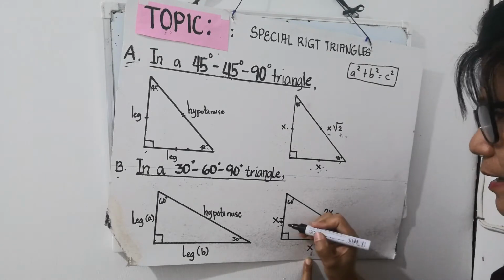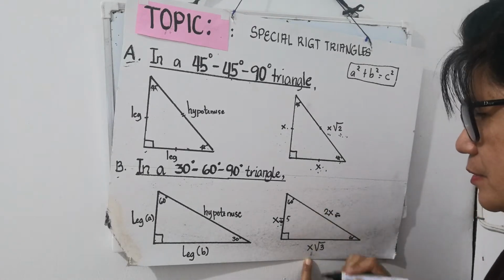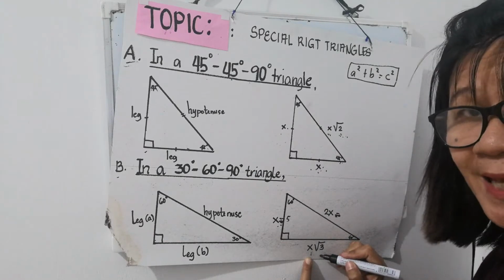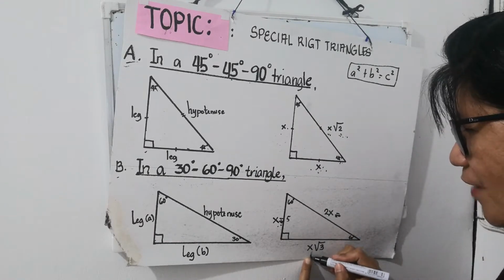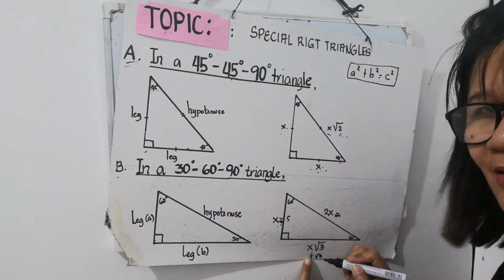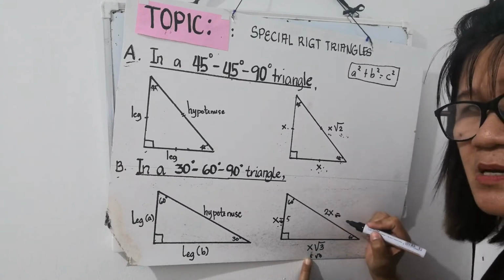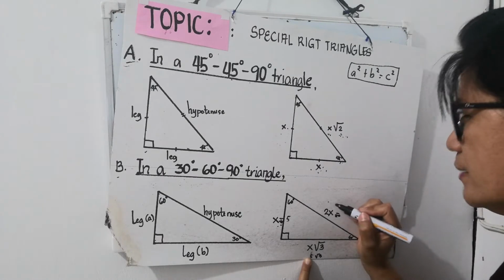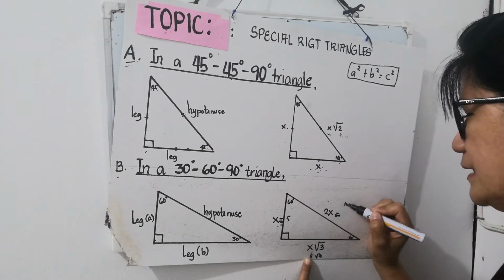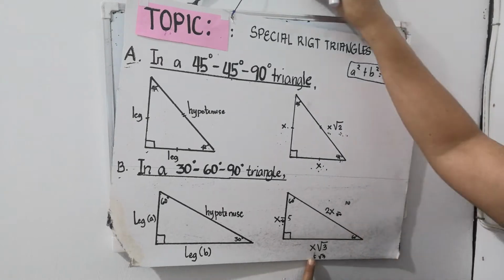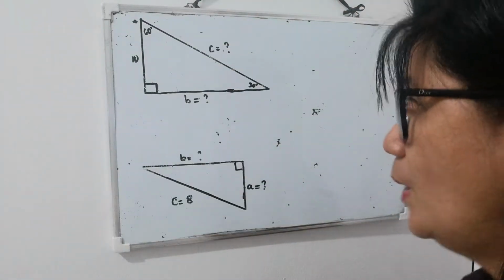It will be, halimbawa, ito ay 5. So, ano kaya yung ating longer leg? It will be 5 the square root of 3. O, di ba? Hindi mo na kailangan gumamit ng formula. Ano naman kaya yung ating hypotenuse? 2 times 5, so the answer is 10. Okay? Now, let's take another example.